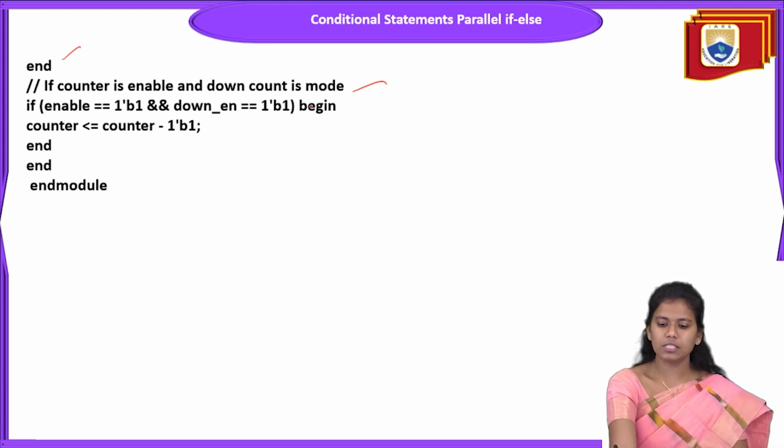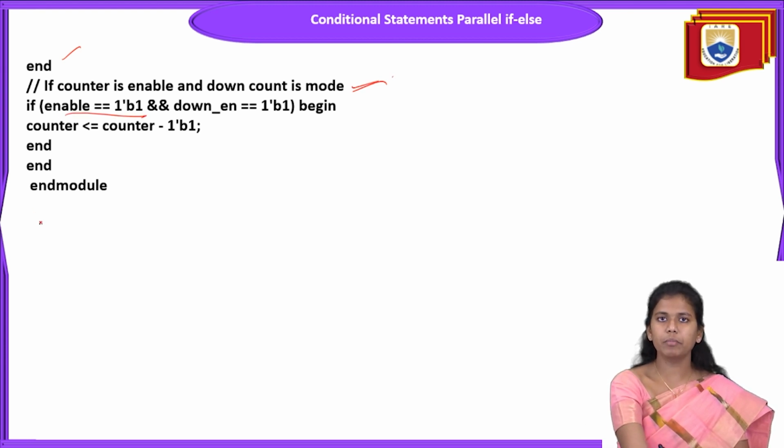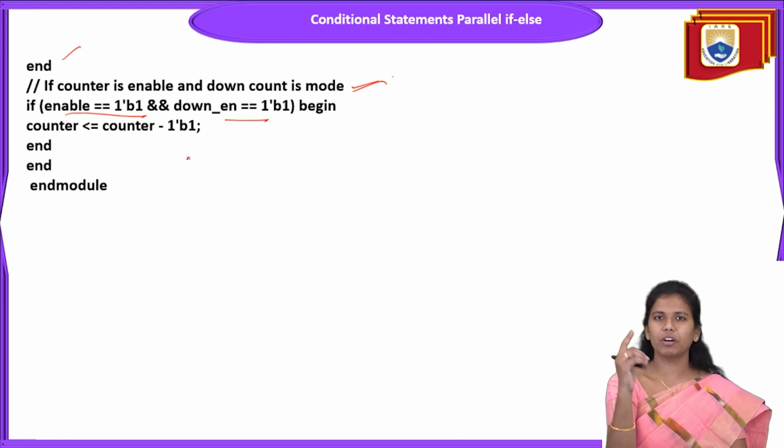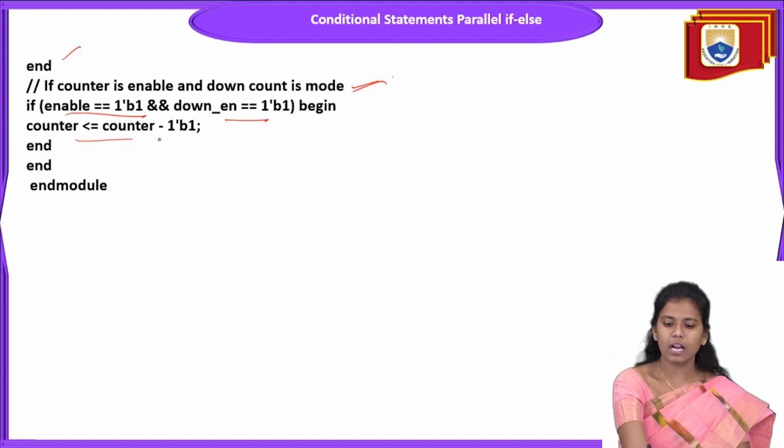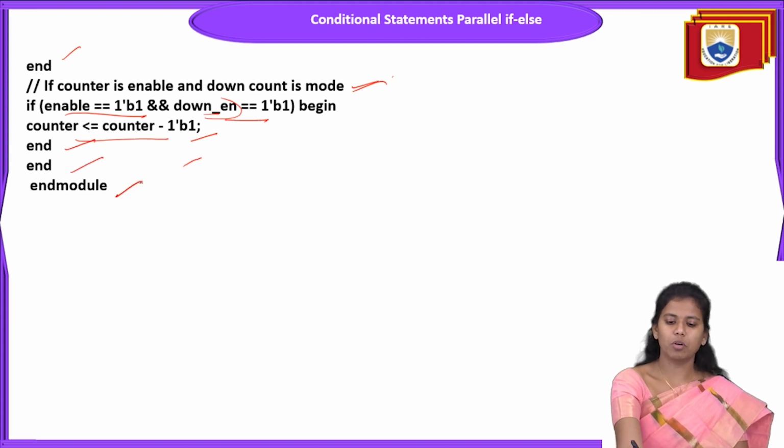If the down count enable is 1 bit, it comes down, and the counter becomes less than or equals to counter minus 1, as it is count down, counter minus 1, and end module.